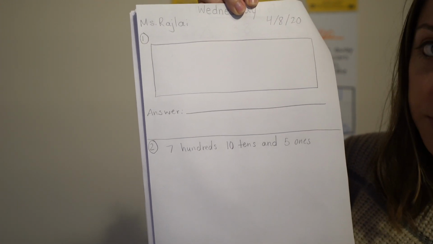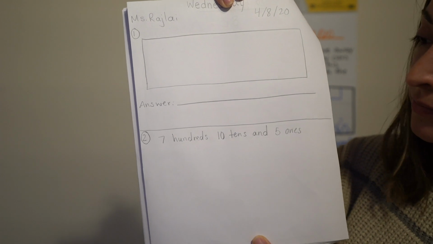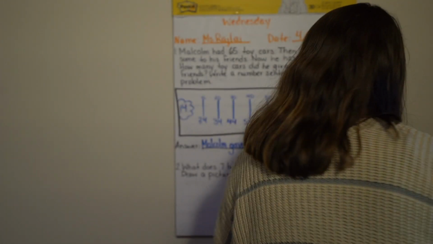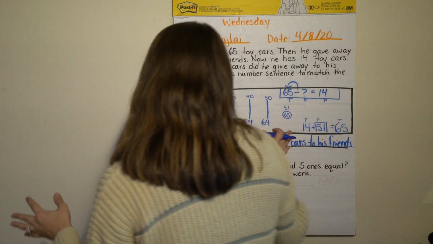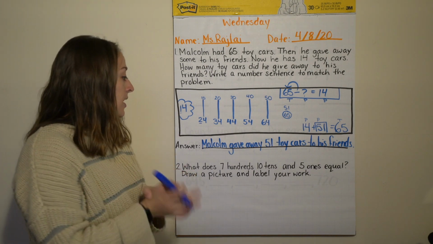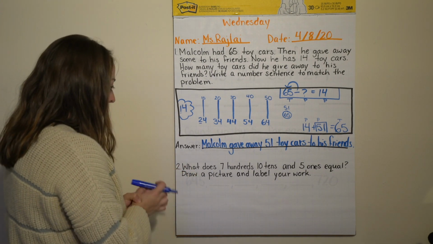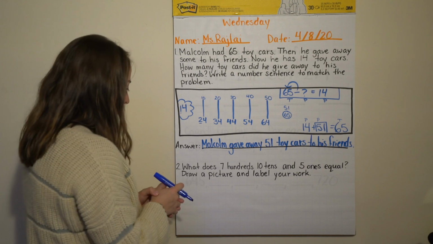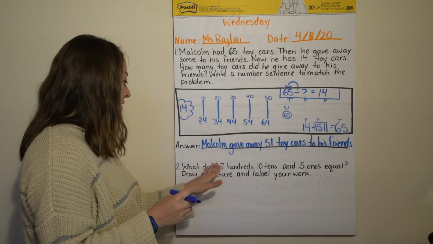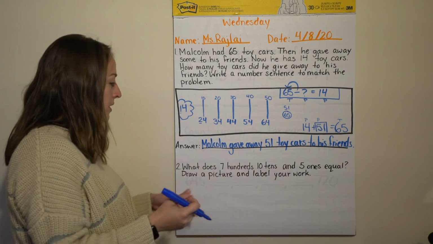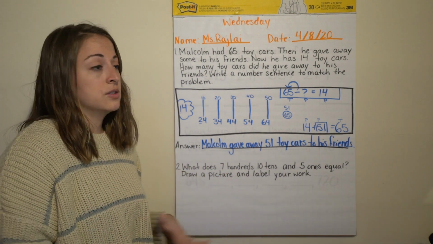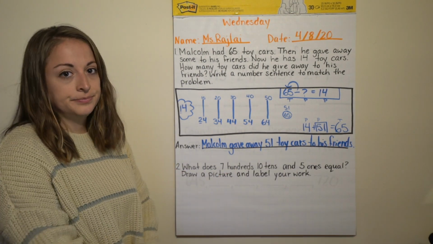If you need more time, you can pause the video now. Okay. What does 7 hundreds, 10 tens, and 5 ones equal? Draw a picture and label your work. Okay, so right now, you are going to draw all of this out, and then you're going to count it up and see what it equals. Remember, if you can regroup, you should do that so you can make the counting easier.